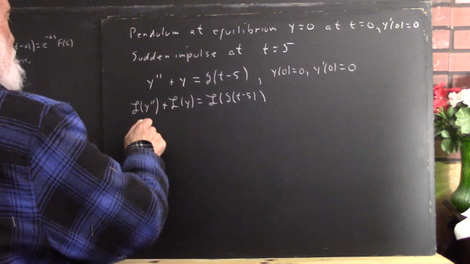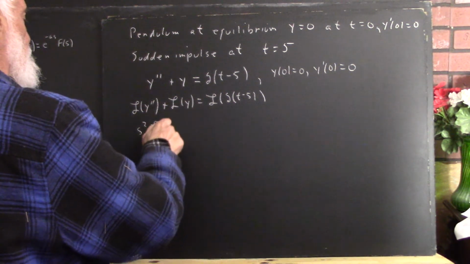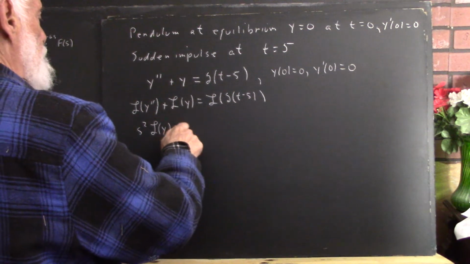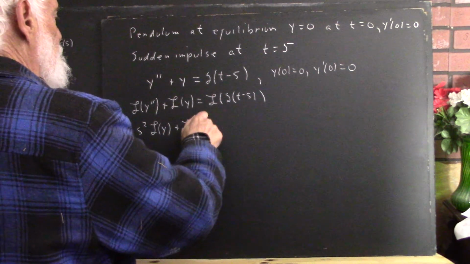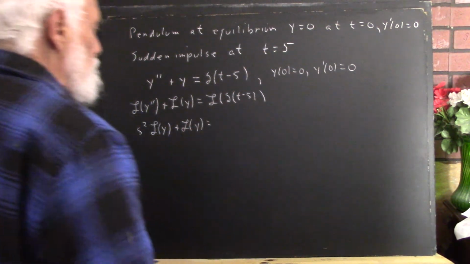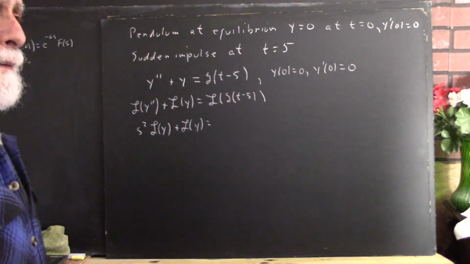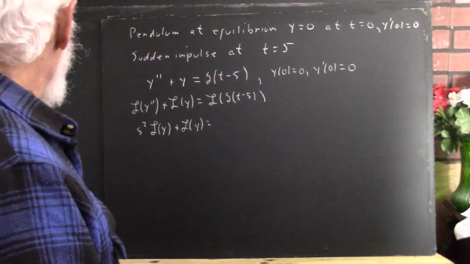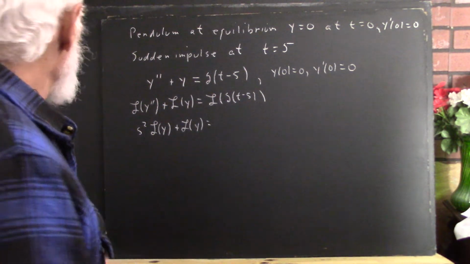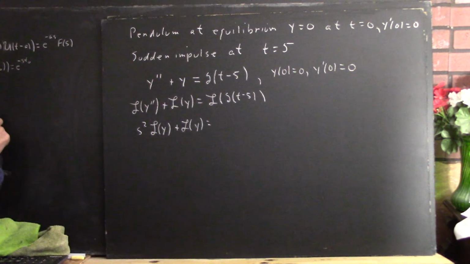We get s squared times Laplace transform of y plus Laplace transform of y equals Laplace transform of delta of t minus 5. Well, you might have forgotten the formula. I'll write it down big over here so we can refer to it.